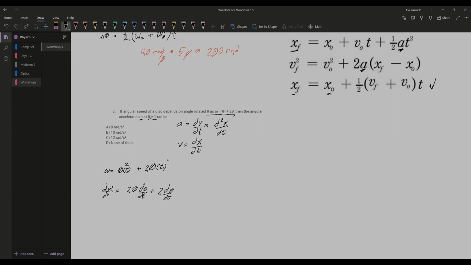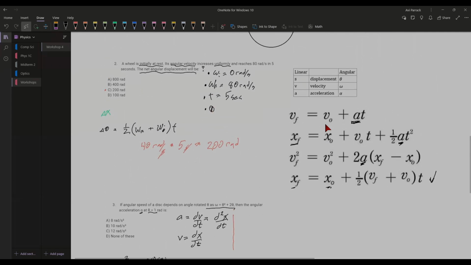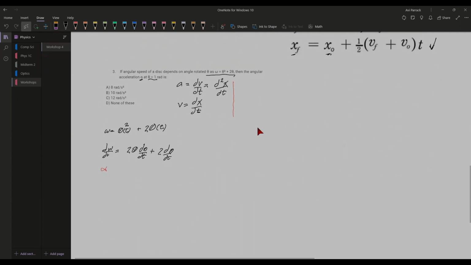All right. So what does that say then? We just said that d omega dt is equal to the angular acceleration, right? So here's alpha. Maybe I should have been more explicit about this, right? This is coming from the table again. We're using our analogs. I could have written this as alpha is equal to d omega dt.